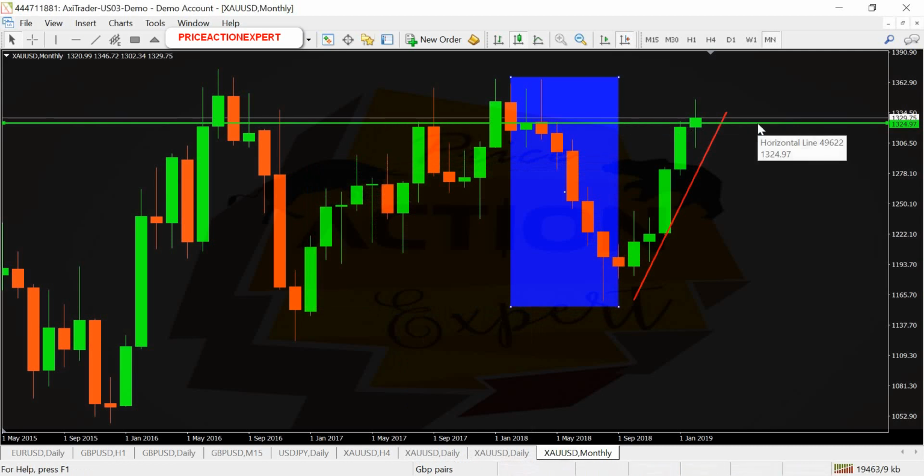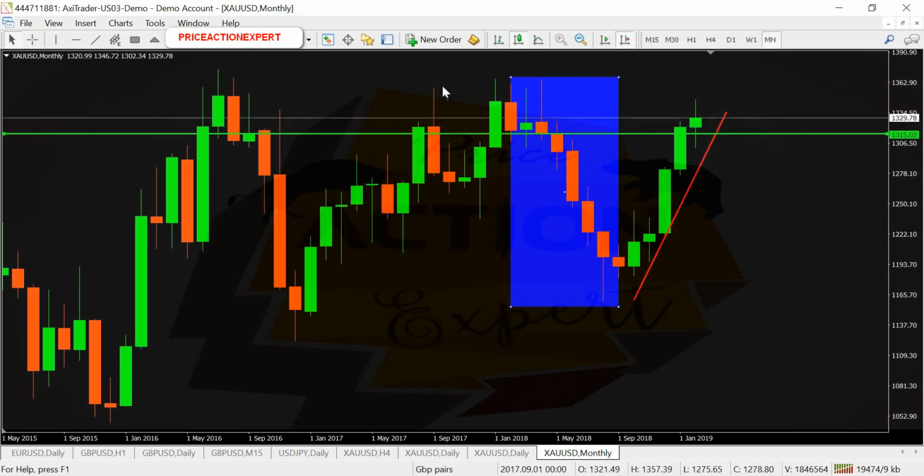If there is a line in your chart in lime color, that would be the monthly closing price. See here, this is the candle, this is the closing price. I'm doing it approximately. You can do it very precisely and very accurately.